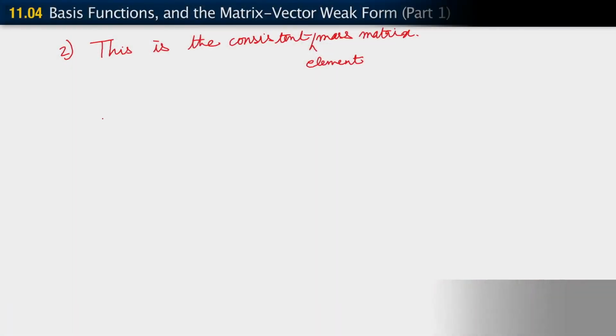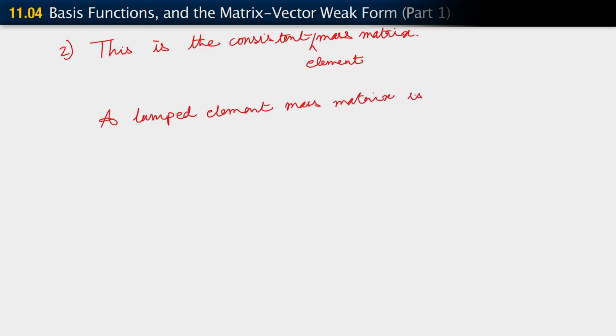So a lumped element mass matrix is the following, M E tilde.